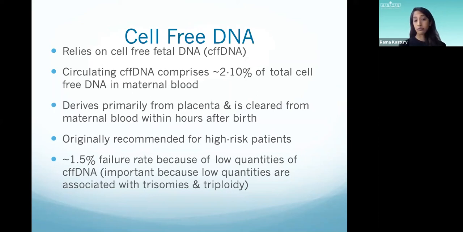It mainly comes from the placenta, which is really important to know. Sometimes you can have a slightly abnormal result on cell-free DNA, and then your baby's born and you test the baby, or you confirm with amniocentesis or CVS and it's normal. And so sometimes with that placenta, there can be placental mosaicism, which can cause a false positive result.